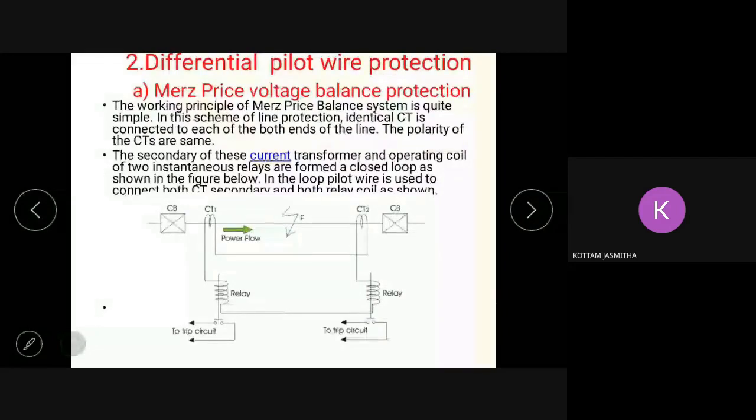The next type of scheme is the differential protection scheme. It is mostly used for generators, transformers, feeders, and bus bars also. The differential scheme is very important. That's why in the second chapter, I have explained differential protection very clearly: advantages, disadvantages, and challenges.